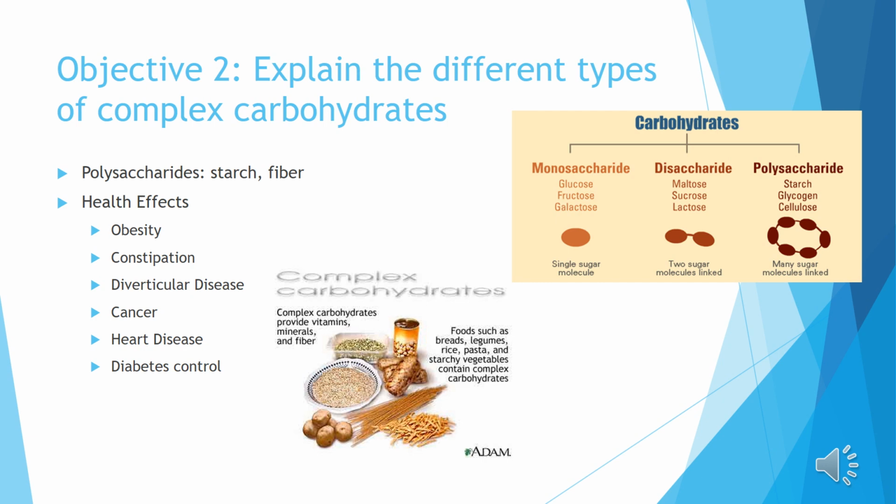They're found in foods such as breads, legumes, which are your beans, rice, pasta, and certain starchy vegetables. All of these contain complex carbohydrates. When we talk about complex carbohydrates, we focus more on the health effects. Again, everything in moderation. But when you're eating complex carbohydrates versus simple carbohydrates, we're talking about health effects like eating high fiber foods that help you with weight control.